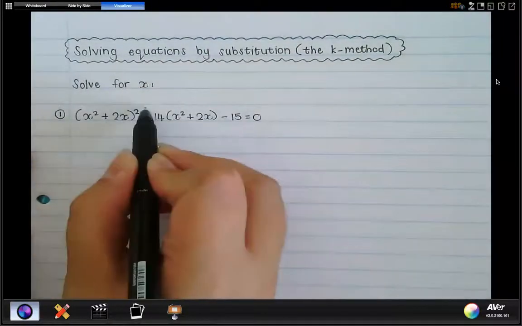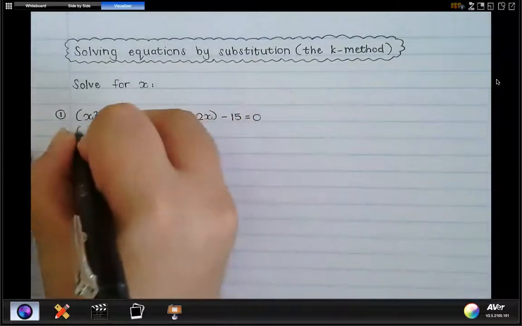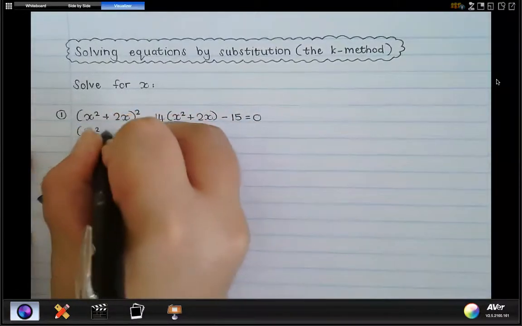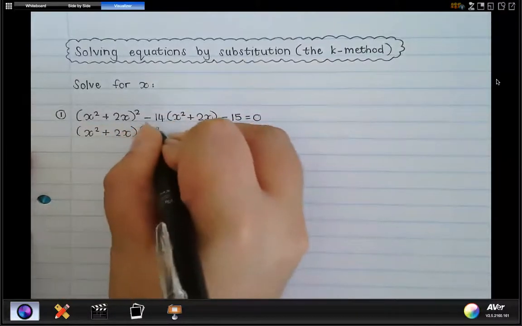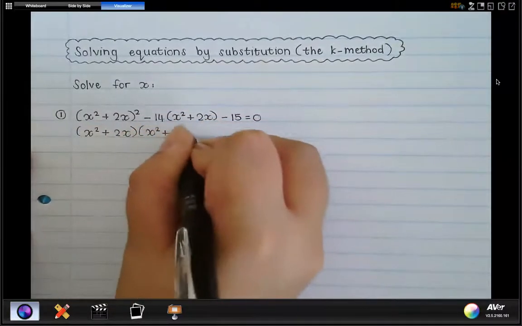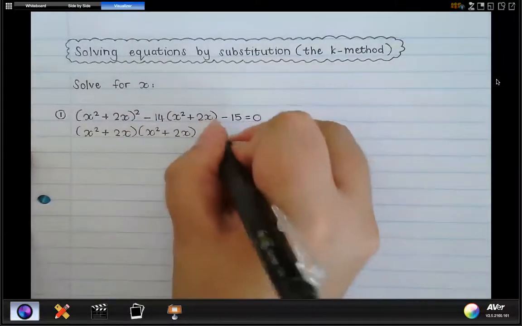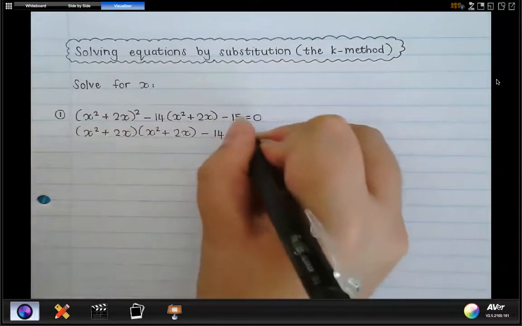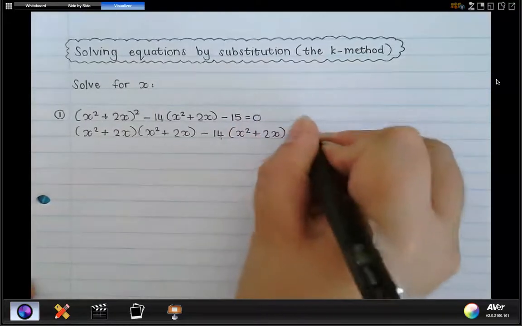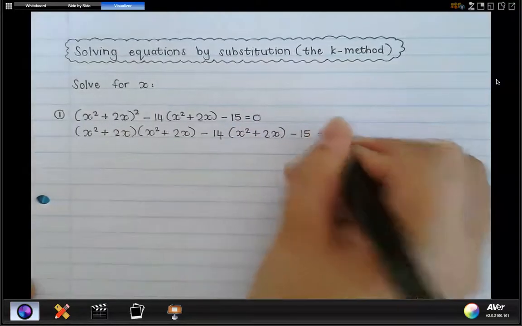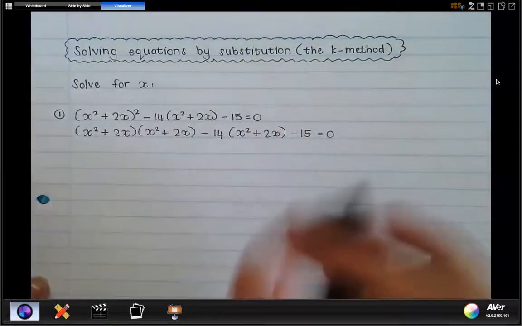If we have bracket squared, we're going to try and multiply that bracket out. So it is the same as x squared plus 2x multiplied by itself, minus 14 times x squared plus 2x, and then the minus 15. I could have multiplied that 14 into the brackets now. I'll do that just now.